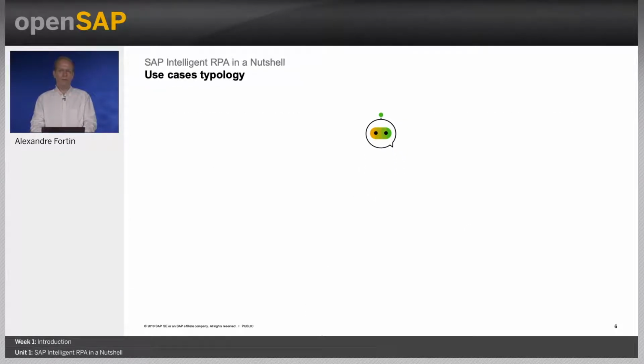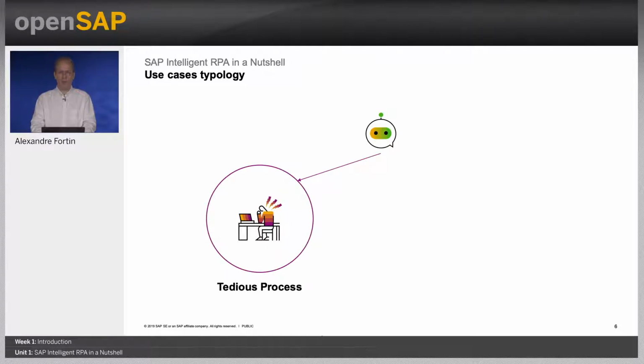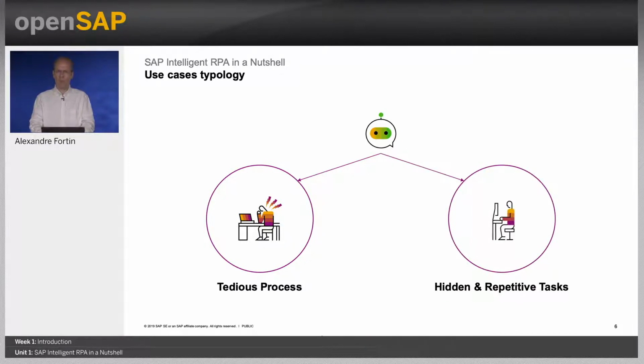We often think about the kind of task which is complicated, complex, which takes a significant amount of time. Yes, RPA can take care of this task, this process. But what about all the tasks which are not so complex, not so complicated? Users tend to forget all the simple tasks, hidden and repetitive.